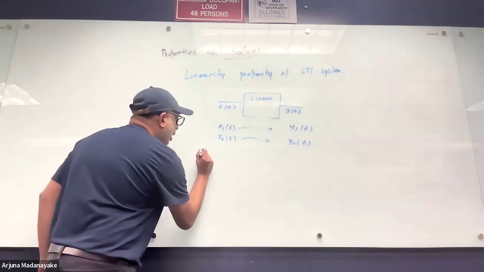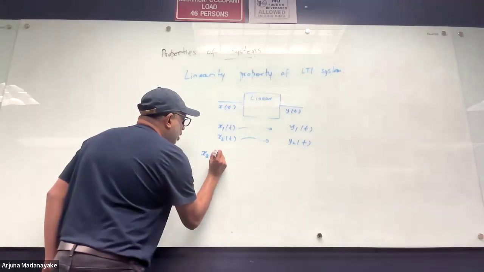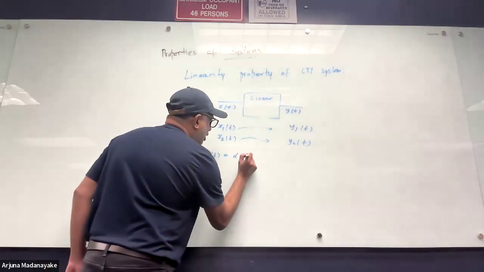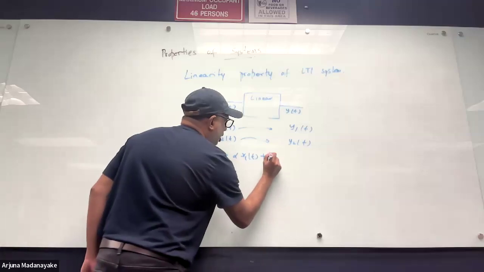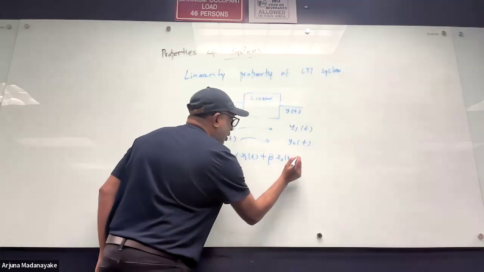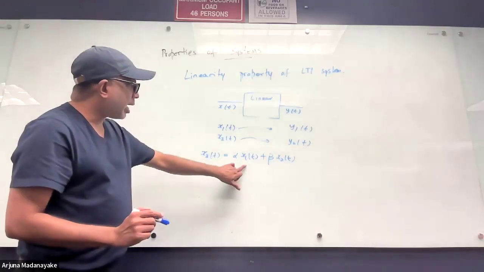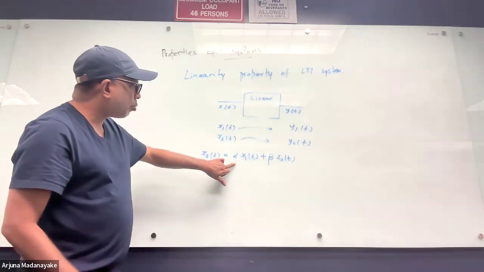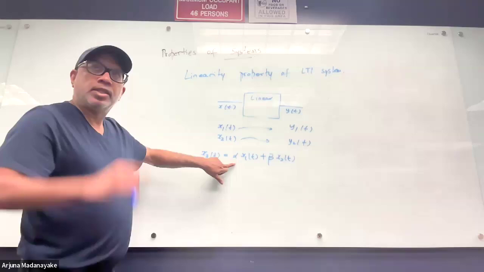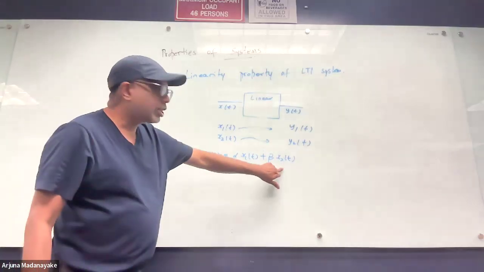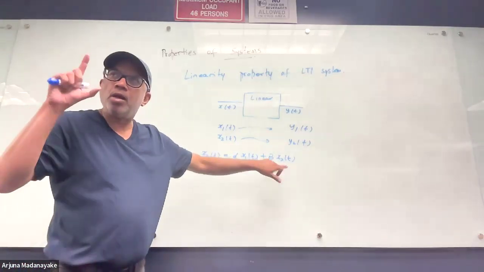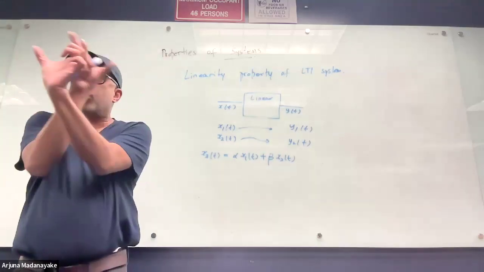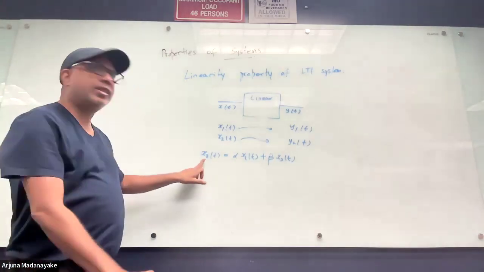So let's say I take a new one, x3 is simply alpha times x1(t) plus beta times x2(t). So what did I do? I took the x1 waveform and put an amplification factor of alpha, scaled it. I took x2 separately, scaled that by beta. The resultant values I added together to make a new one called x3.